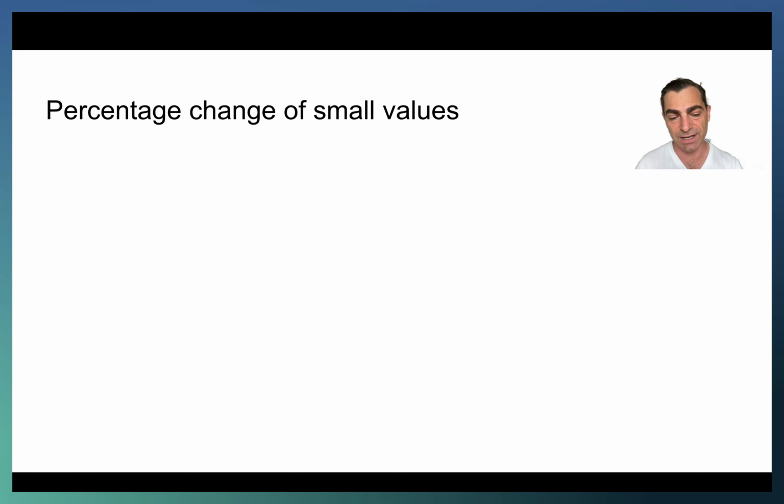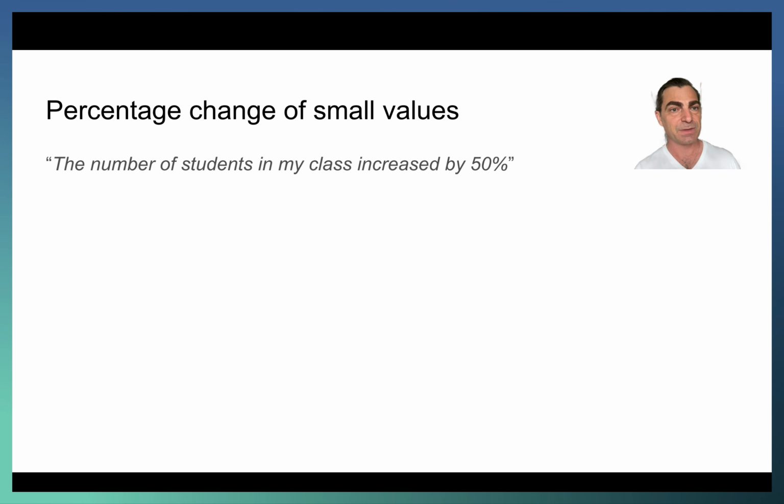Or the sample size is very small. So very similar problem to what we considered previously regarding the problem of sample size and the base rate bias. So if I say the number of students in my class increased by 50%, now try to imagine if this 50% is a big change or not, right?